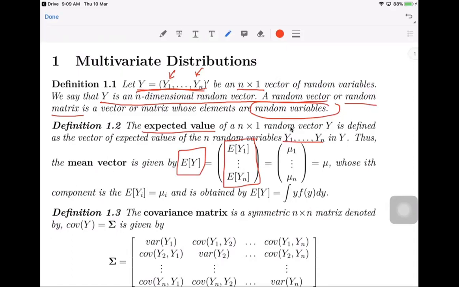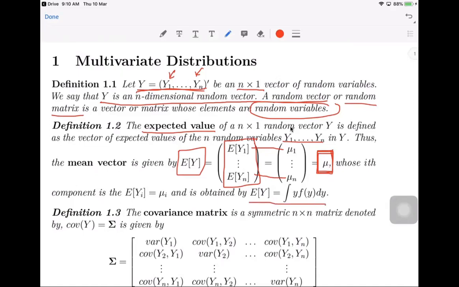By notation, we denote the expectation of y1 as mu1, and so on until the expectation of yn as mu n. In general, this mu is a vector of the mu i's. When you see mu, that is an n by 1 vector, where each component is mu i, the expectation of yi.